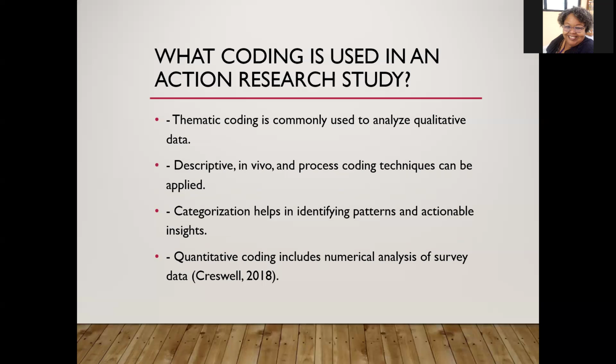We might say that the students who write in their guided notes or workbooks maybe retain the information more, so we would make that a theme. Descriptive coding is labeling the data based on the key concepts or topics discussed by the participant. So this is participant driven. What kind of responses are you getting? That determines what type of coding you use.